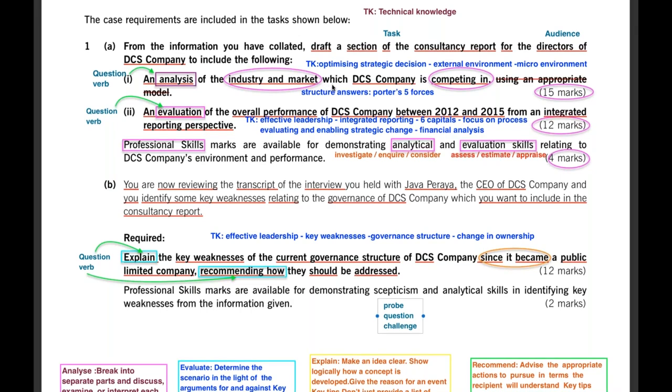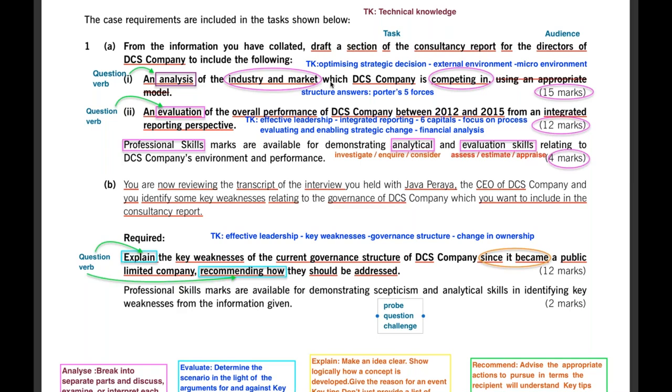Another thing is that sometimes the drawback of using the model is that you have a lot of points that you want to talk about in terms of the industry and the market they are competing in. However, the points you found in the exhibits are not able to be categorized into any of those 5 factors.